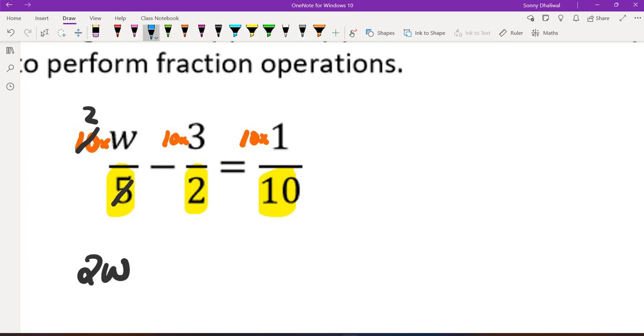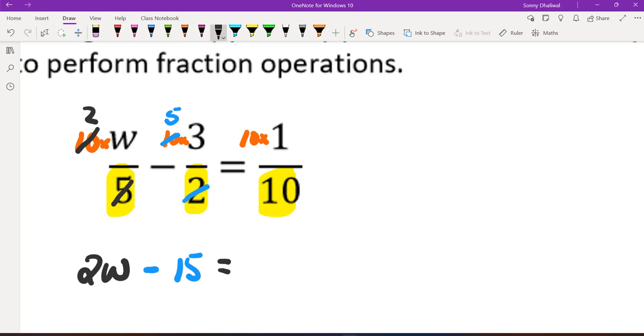Next question. 2 can fit into 10 how many times? 5. 2 goes into 10 5 times. So we're left with a 5 times 3, which is 15, right? With a minus sign in between. So we're subtracting. Then we have the equals.